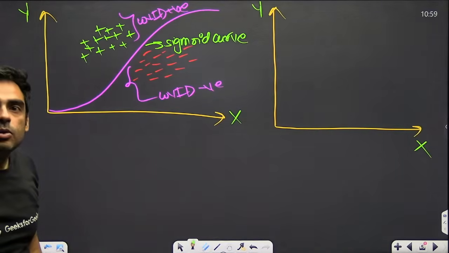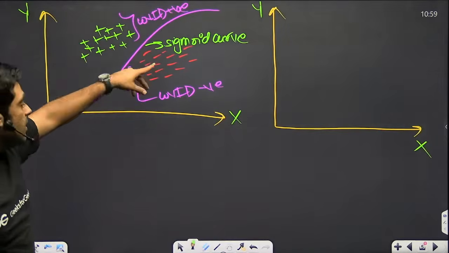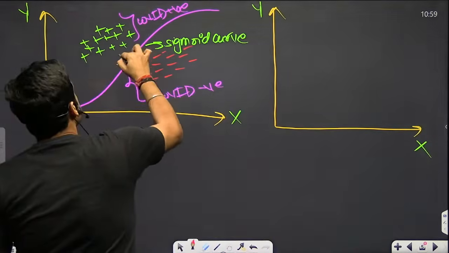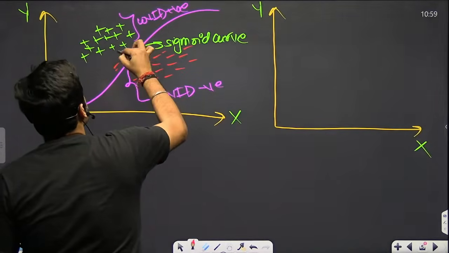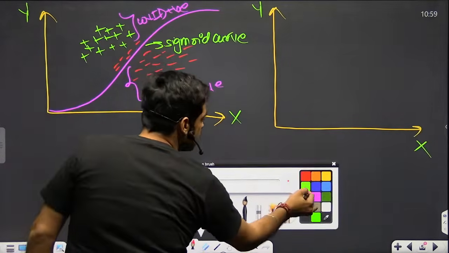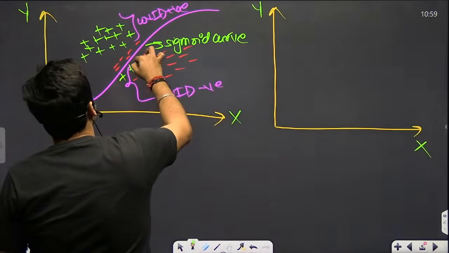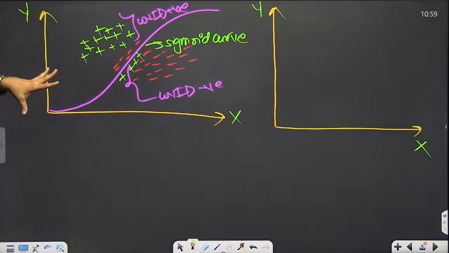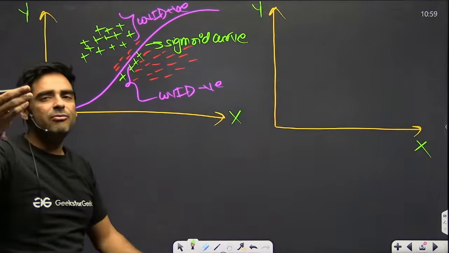Tell me one thing: don't you think that if we have certain misclassifications, we should have an approach by which these misclassifications could be removed? To improve the accuracy of a logistic regression model, it says, don't give me any sigmoid curve.